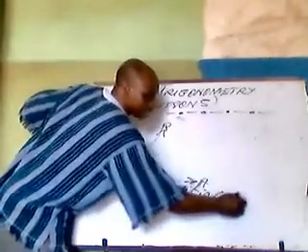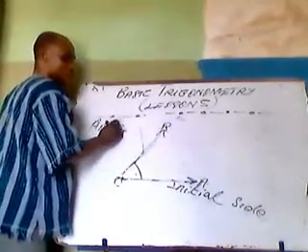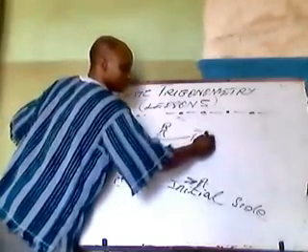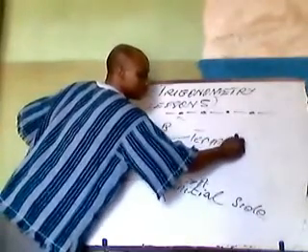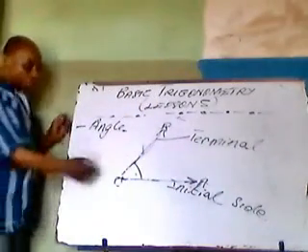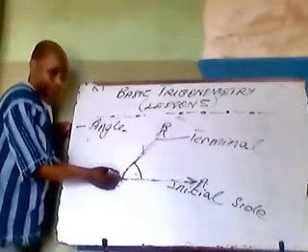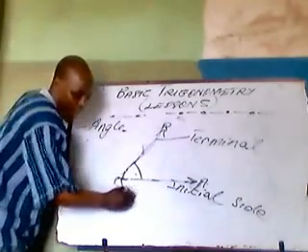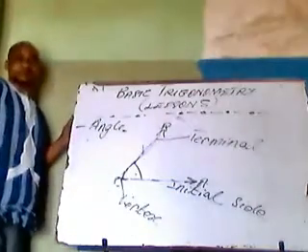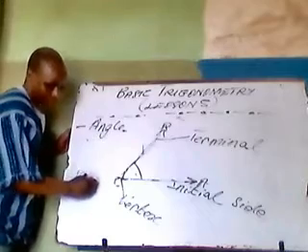Then the side B is what we call the terminal side. Let me write it here so that it will be clear. And the point about which the rotation takes place is what we call the vertex. Now for plural, it is called vertices.